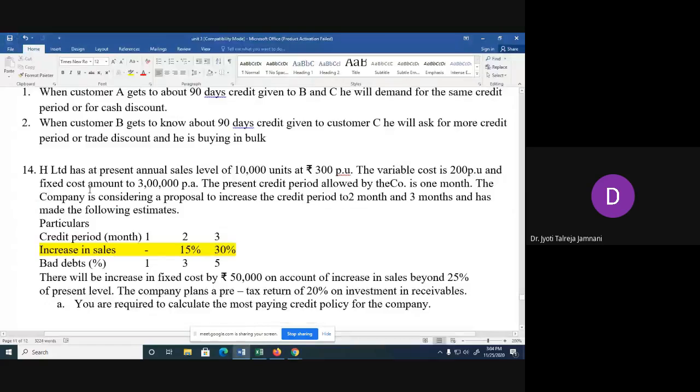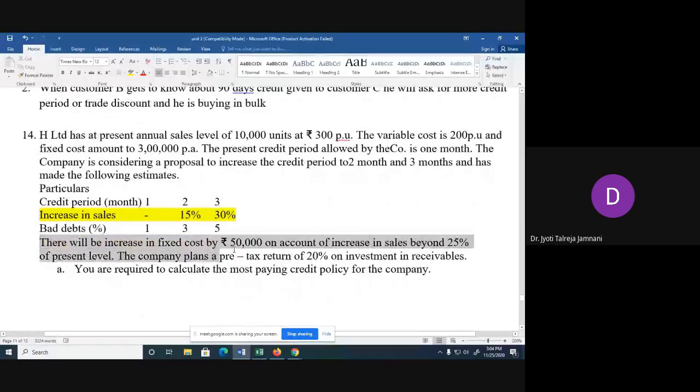They have told here the fixed cost amount to rupees 3 lakh, and there is another sentence here if you see. There will be increase in fixed cost by 50,000 on account of increase in sales beyond 25%. So where has the sales increased beyond 25%?